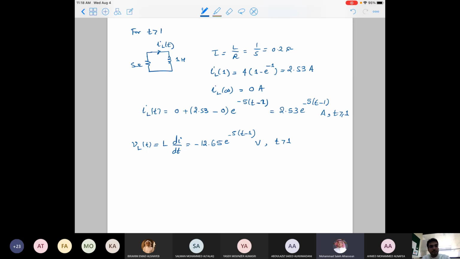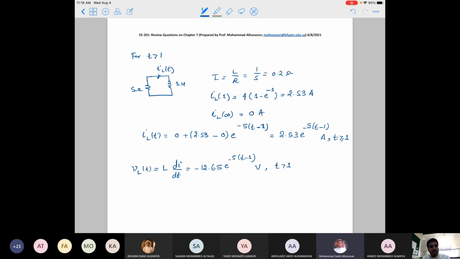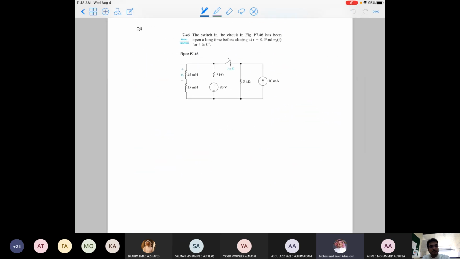Okay, so the last problem that I want to solve is actually from your textbook. The previous 3 problems were taken from, I think, an old final or something like this. But the last problem is taken from your textbook.